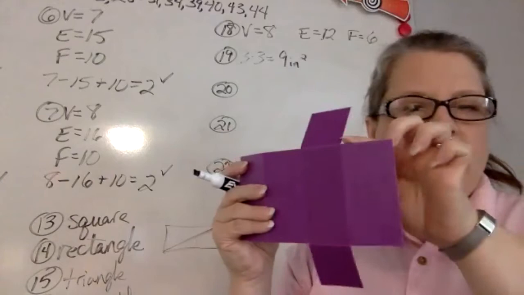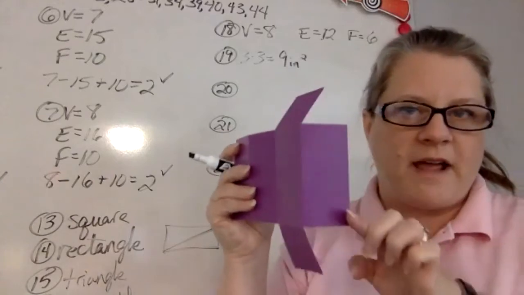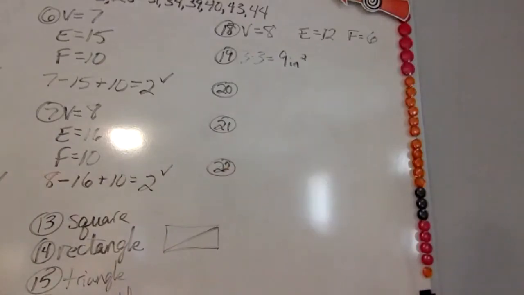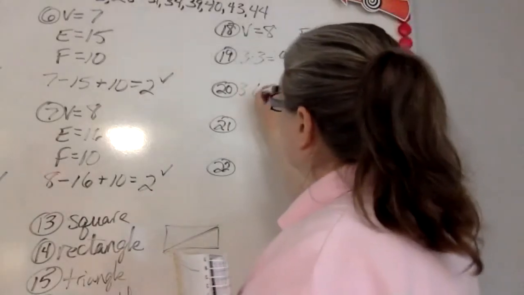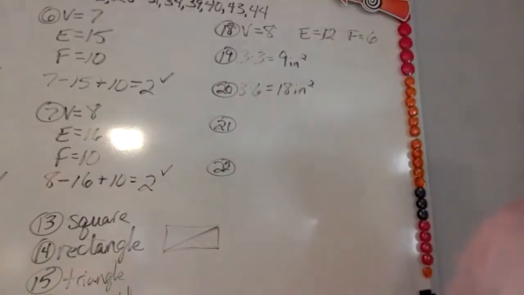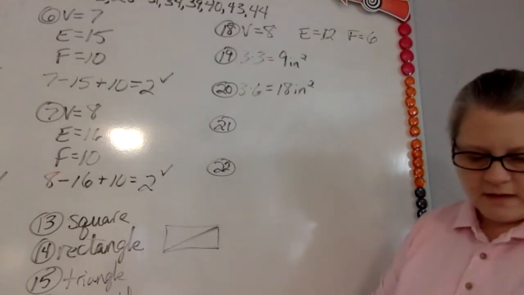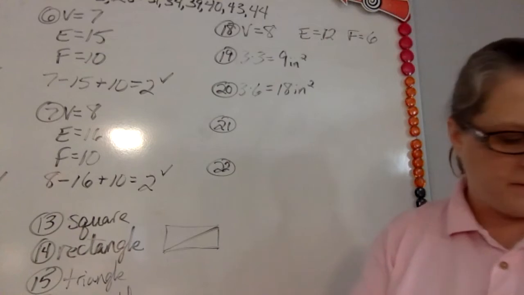This is still 3 across, but how far does it say it is going up and down on your net? 6. So to find the area for one of those, you take 3 times 6 and get 18 square inches.